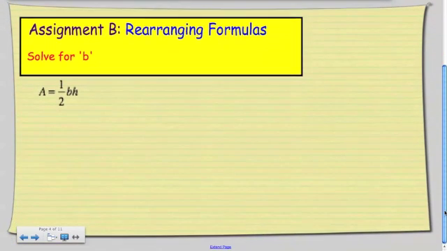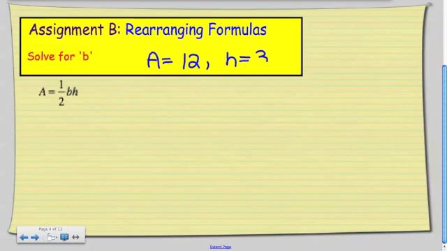The formula is A is equal to 1/2 B times H, and the values that you're given in your unit guide, A is equal to 12, H is equal to 3, and we have to isolate for B. We have to solve for B. So the first thing I'm going to do is plug in this information.